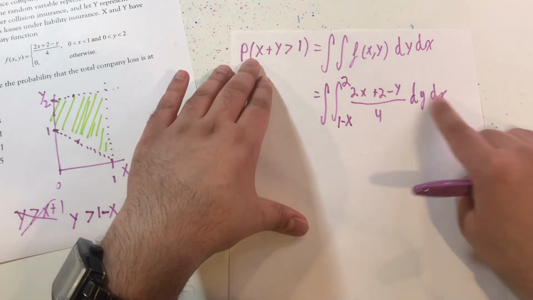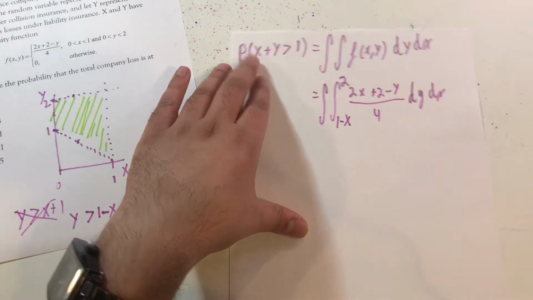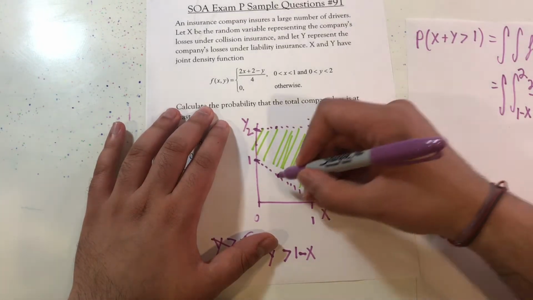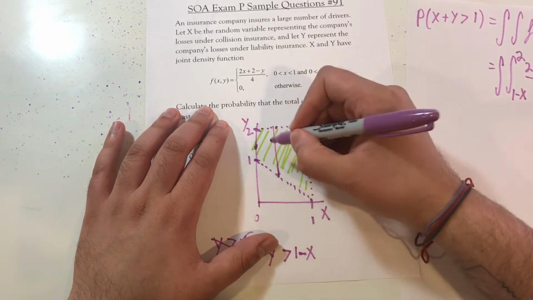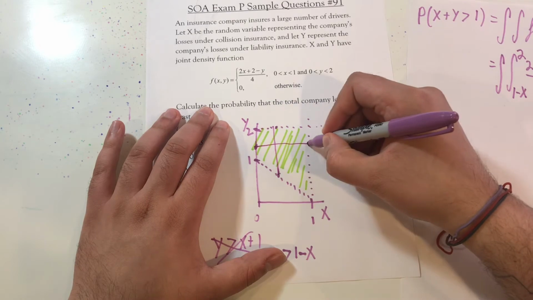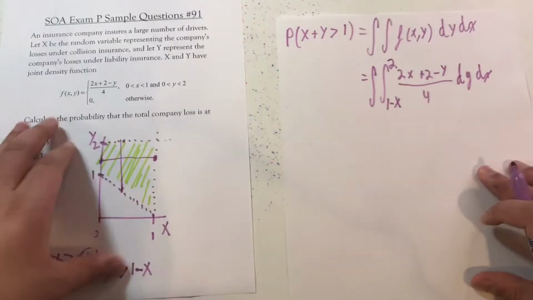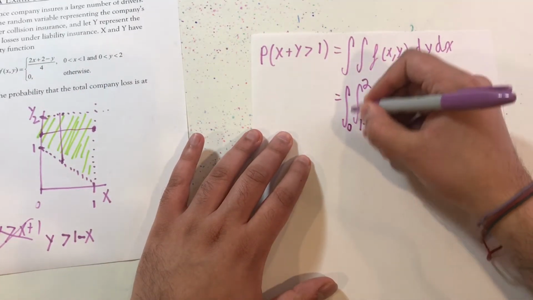However, the integral out here cannot contain the variable y. So how do I figure out my bounds for x? Now that I've figured out I'm somewhere here, my lower bound is 0, and my upper bound is 1. Once I actually do the first integral, I'm ignoring this line. So I go from 0 to 1.